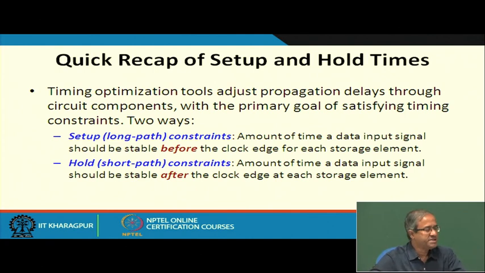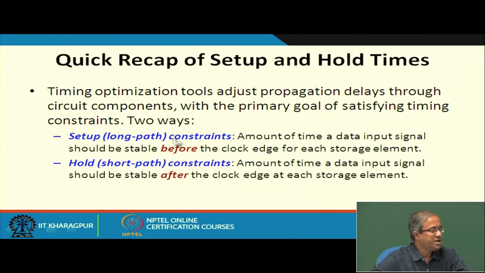The timing optimization tools that we use try to adjust the propagation delays to satisfy these two constraints. Now, the setup constraint is sometimes called the long path constraint. Just to recall again, it is the time the data input must be stable before the clock edge with respect to every storage element or register.